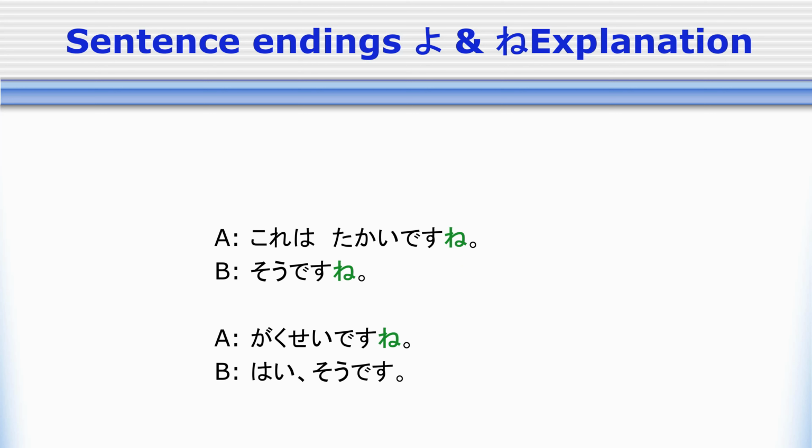Our other sentence ending we have learned is ne. So let's look at some sentences. これは高いですね。そうですね。Or 学生ですね。はい、そうです。So we have two potential meanings of ne. Our first one is one that we use when we're trying to get agreement with the other person.